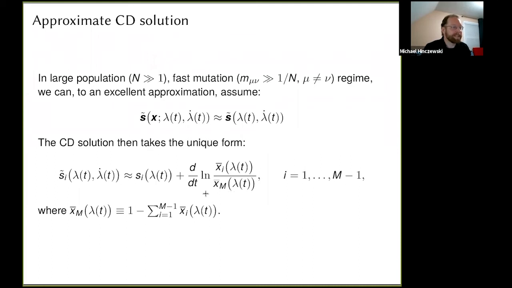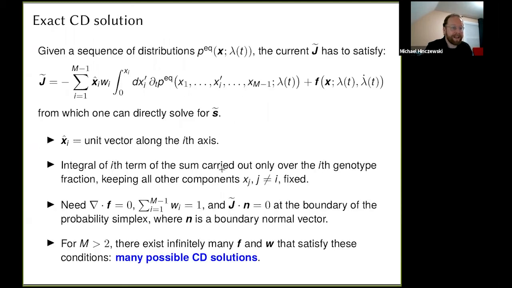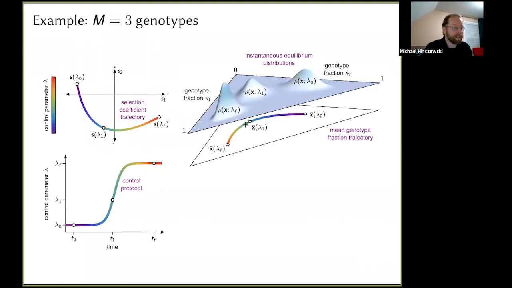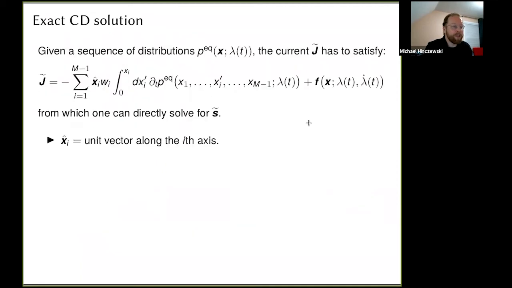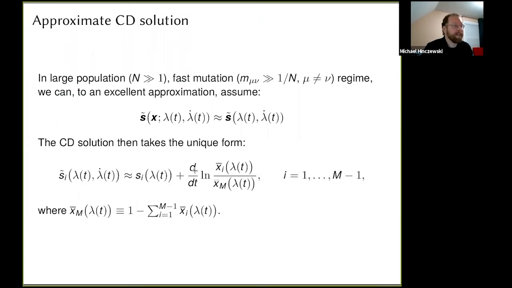What's really nice about this is that it's essentially a closed form analytical solution for what you need to do to the system, like what perturbation you need for the selection coefficient in order to achieve this driving. And what it depends on is not even the whole probability distribution, but just the average. So that path that we described here, that X bar path, which I showed here, if we know that, so we know the sequence of distributions and we know the sequence of average fractions, once we know that, we can write down what the perturbation is that achieves CD driving in this case.